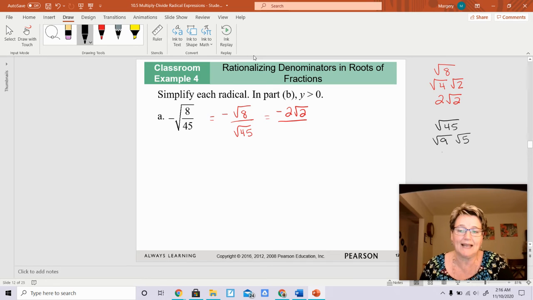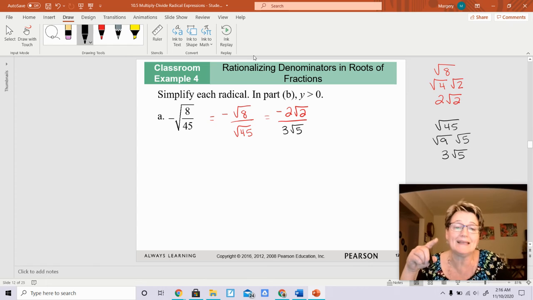The square root of 9 is 3, and then you're left with the square root of 5. So this is going to be 3 square roots of 5. Remember back at 10.1, I gave you a list of perfect square roots, perfect cube roots, fourth roots, and fifth roots. I highly recommend you go back there and you learn them. They're very important for ACT, and they're very important for this section.